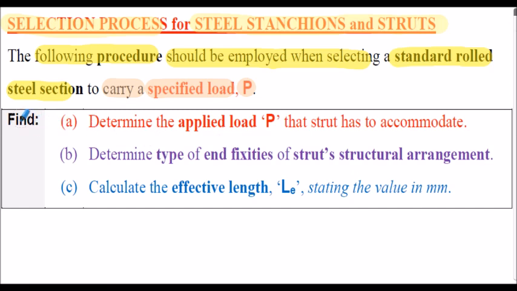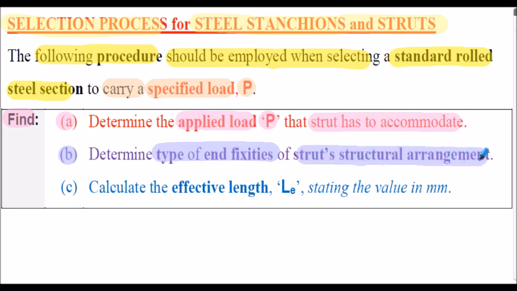A, we need to find the applied load, P, that the strut has to accommodate. B, we have to determine the type of end fix for the strut's structural arrangement. And C, we have to then calculate the effective length, LE, stating the value in millimeters.